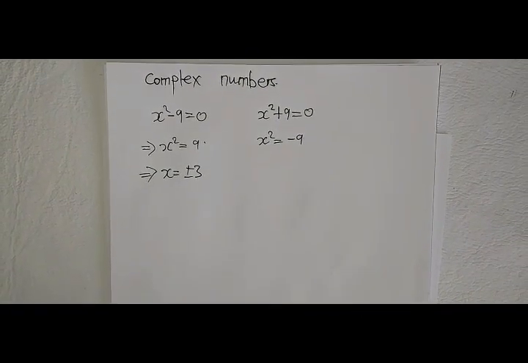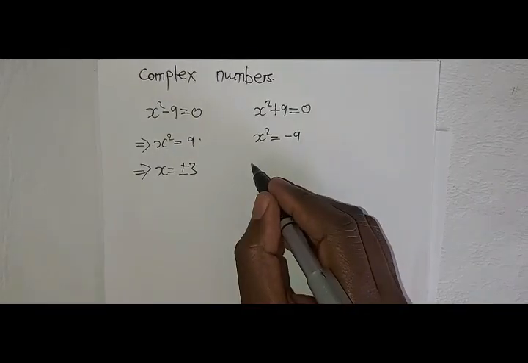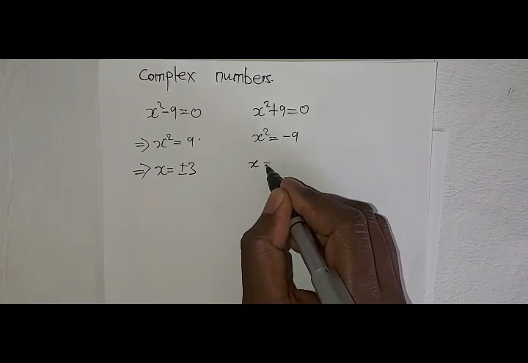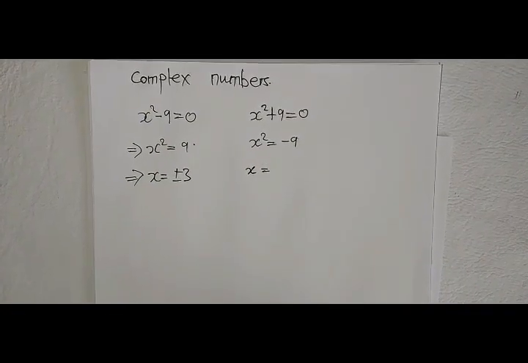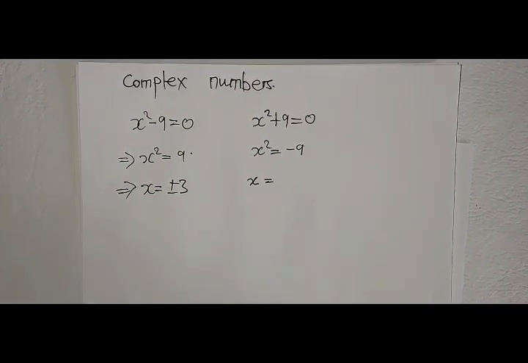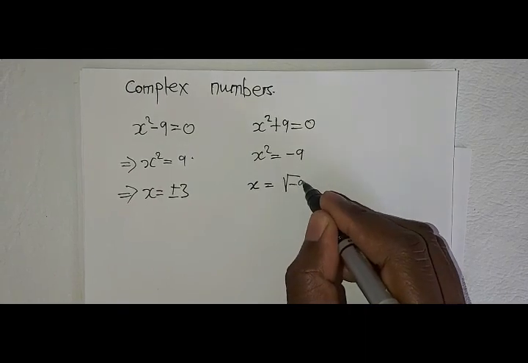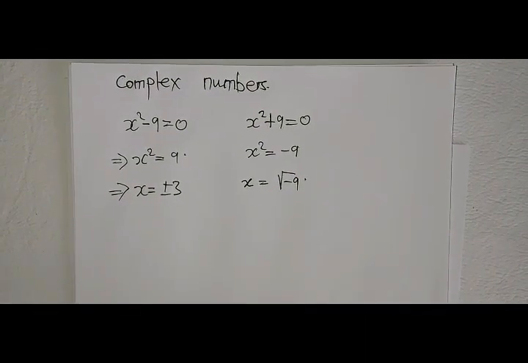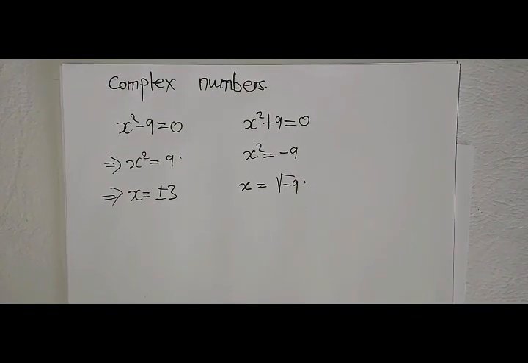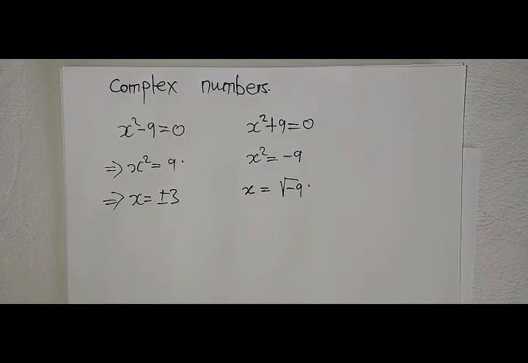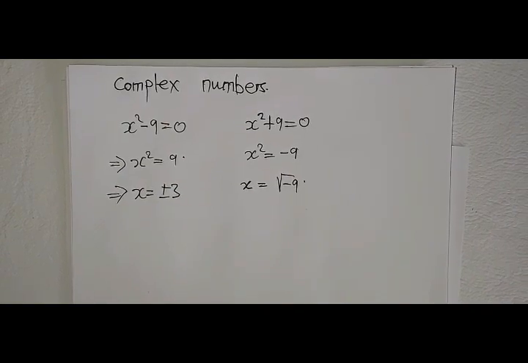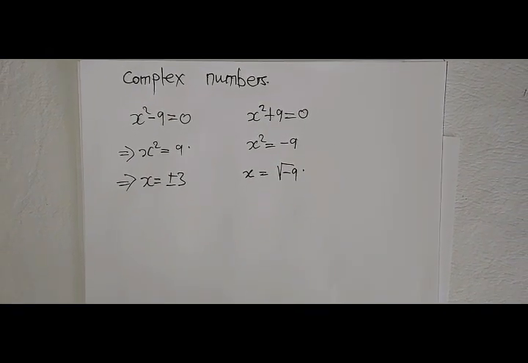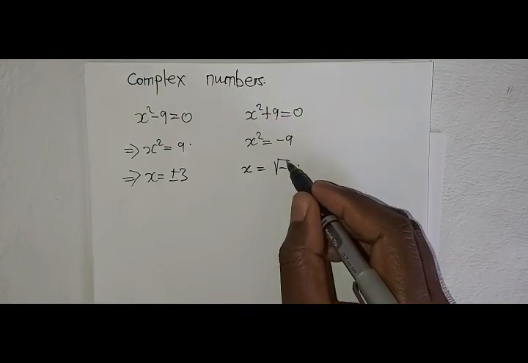Then from there we put square roots both sides, therefore x equals, look at this point, we now need to make a square root of minus 9. Even our calculators would tell us that it's math error. So we must now be able to visualize the complex number system.